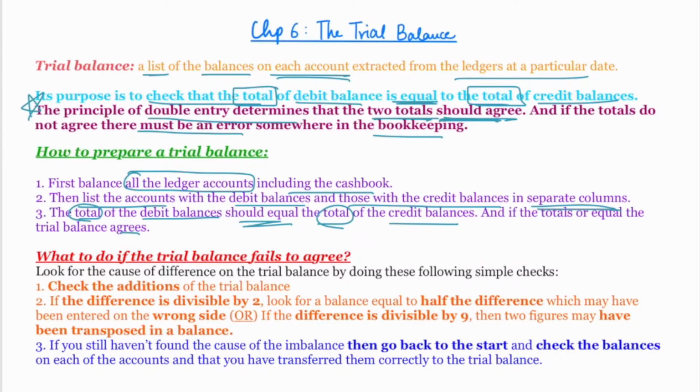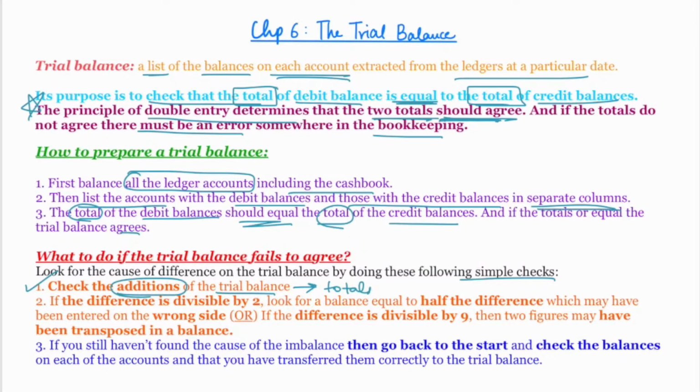Now what to do if the trial balance fails to agree? Look for the cause of the difference on the trial balance by doing these following simple checks. First, check the additions of the trial balance. That is just checking the totals.